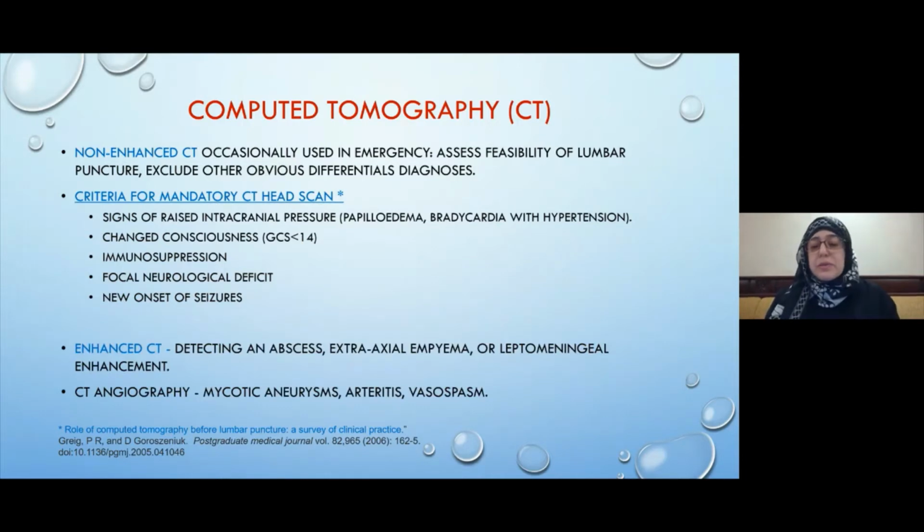Enhanced CT should be reserved for those who are unstable and would not be able to perform MRI. It's good in detecting collections, abscesses, empyema, as well as leptomeningeal enhancement and vascular changes.